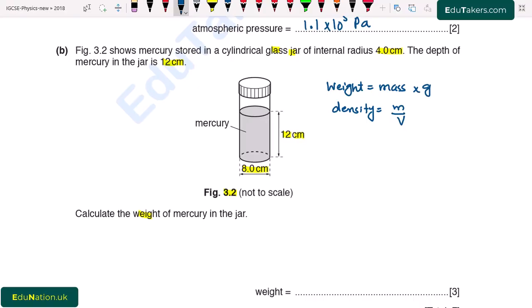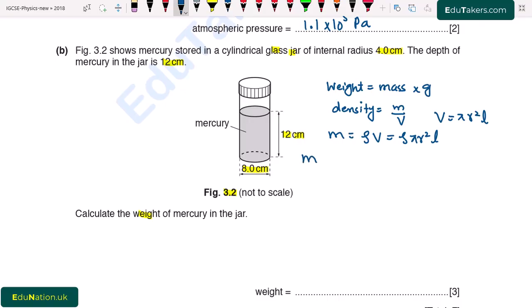By using this formula, we can calculate mass. It will be equal to product of density and volume. For that, we have to know the formula of volume and it will be equal to pi r square into L, where r is the radius and L is the depth. So I write here rho pi r square L.